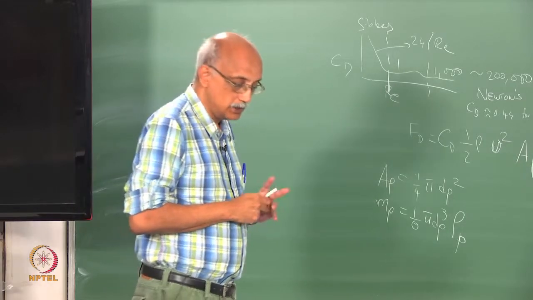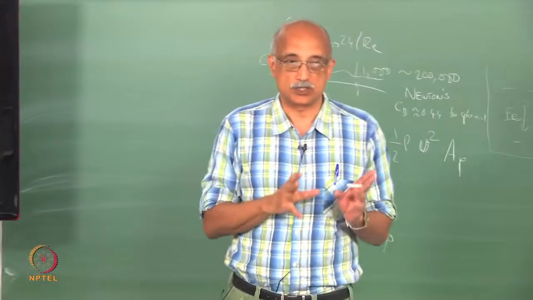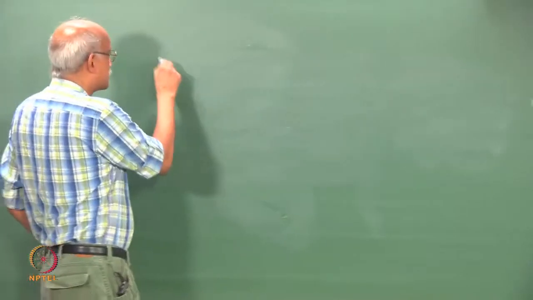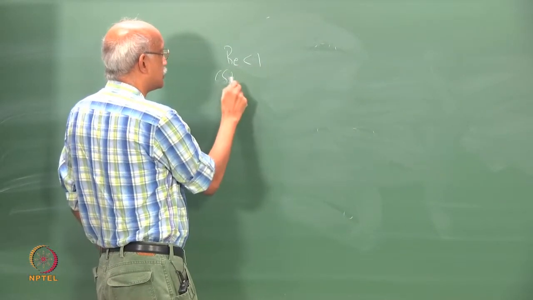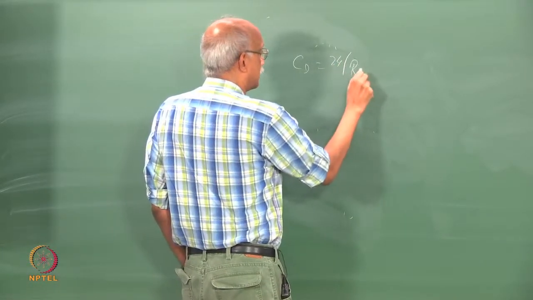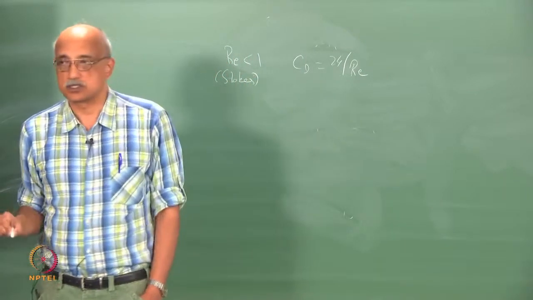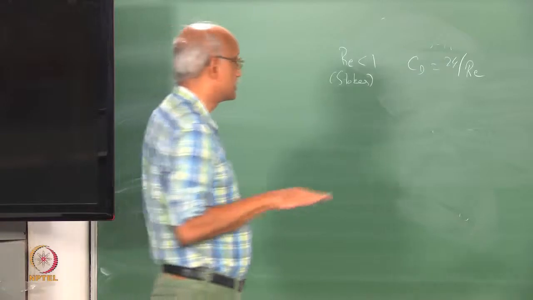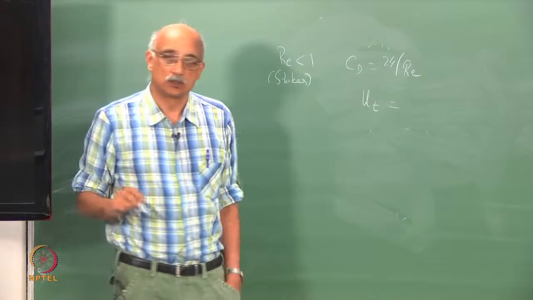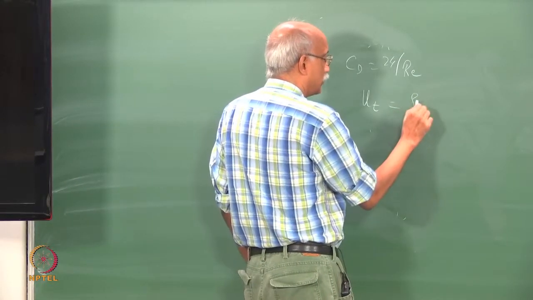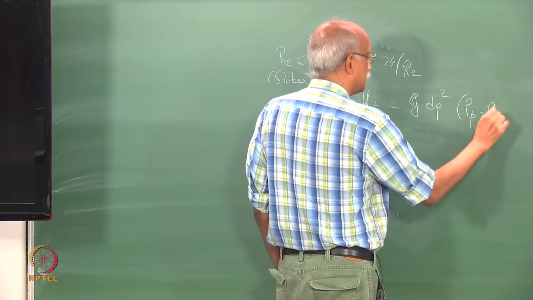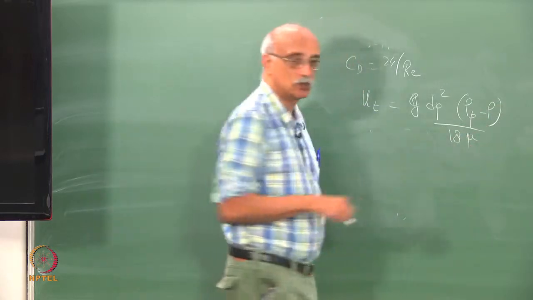Okay, now going back to our discussion of the terminal velocity, as we have seen before, the terminal velocity takes a certain form in the Stokes regime, right. We wrote that expression in one of the earlier lectures. So, in the Reynolds number less than 1 or Stokes regime, CD equals 24 by Re, and if you write the expression for a spherical particle settling under Stokes flow conditions, it comes out to be UT equals g times dp squared times (rho p minus rho) over 18 mu, right.